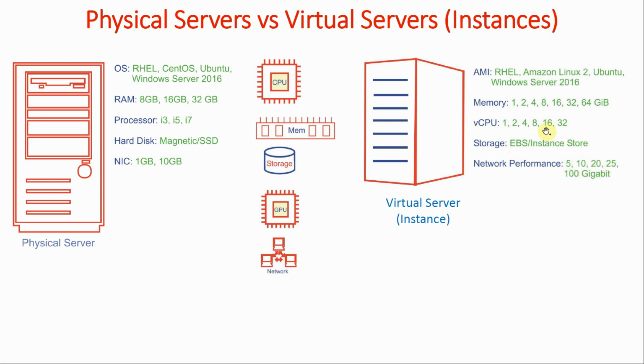That means different options. Now what will happen in our case is that we will get a menu, a console, where we can choose all these things, and within minutes we can get our virtual server.